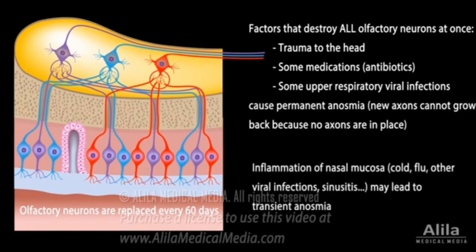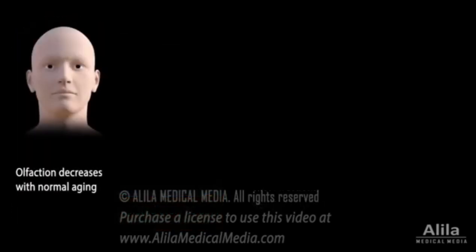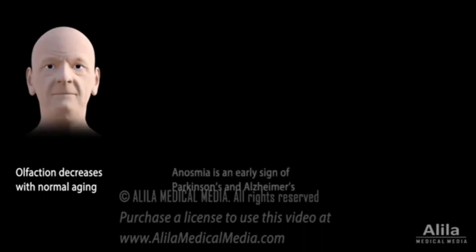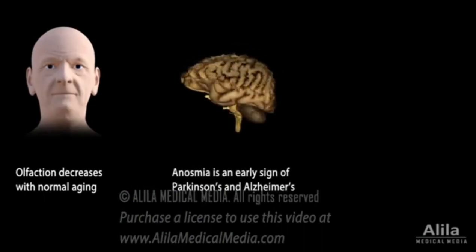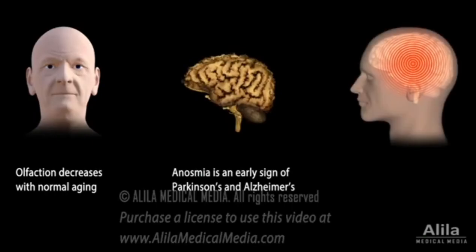Illnesses that cause inflammation of the nasal mucosa may lead to transient anosmia. Loss of smell also affects the taste experience, as taste and smell are the two aspects of flavor. The ability to smell decreases with normal aging, but anosmia is also an early sign of several neurodegenerative disorders. Because epileptic seizures often originate from the brain area associated with the olfactory cortex, seizures are often preceded by hallucinations of disagreeable odors.